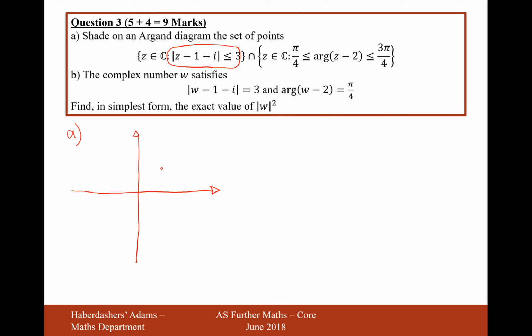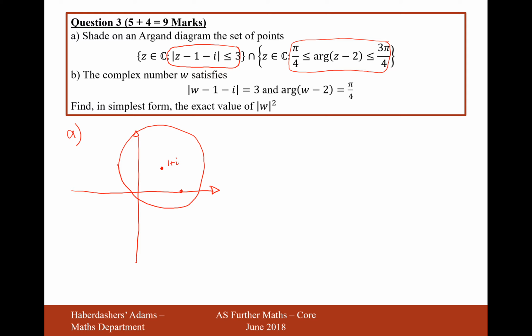So this is going to be centered around the point 1 plus i, and it's going to have a radius of 3. So it's going to come round like that. And then part 2 is going to be this bit here, where we have the argument of z minus 2.